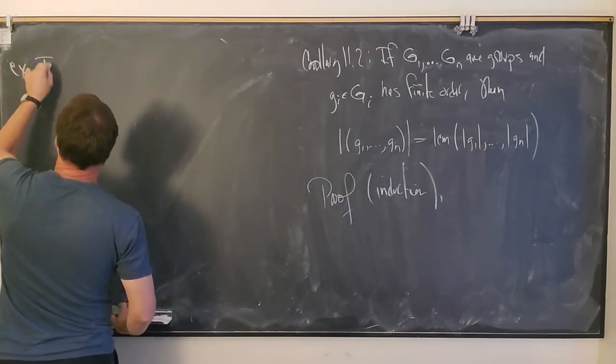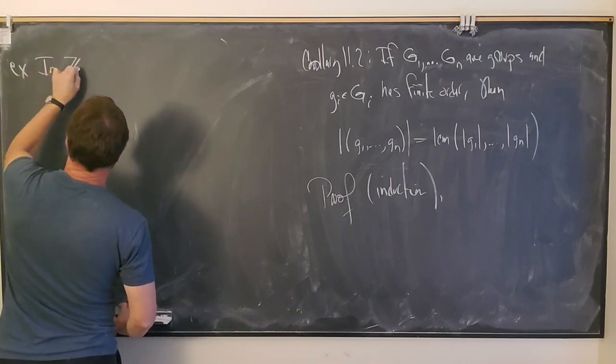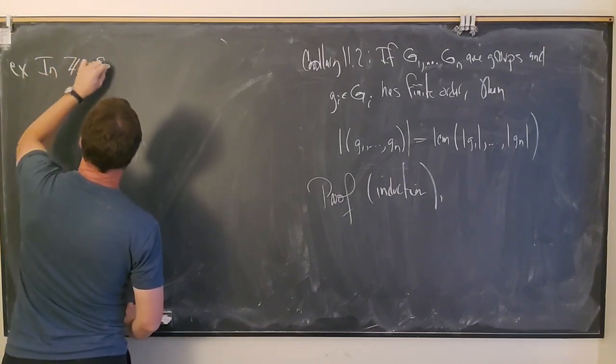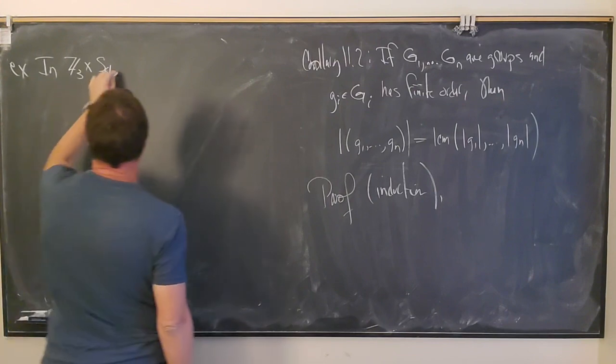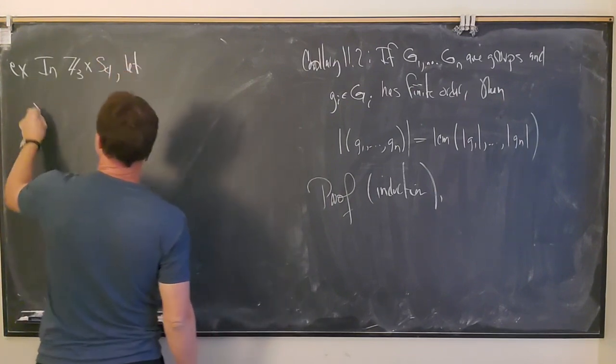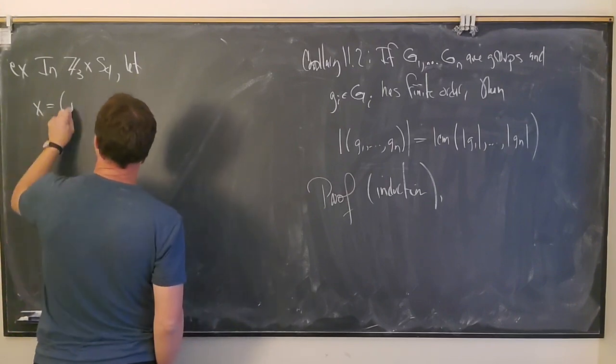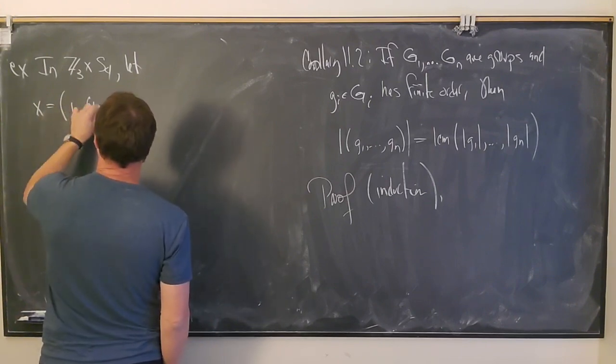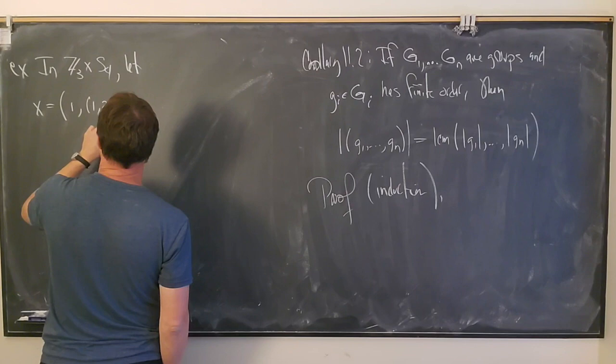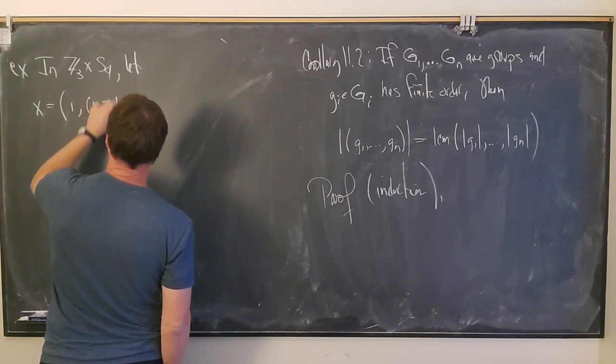So let's say in Z3 cross S4, let X be the element, how about (1, (1 2 4)).